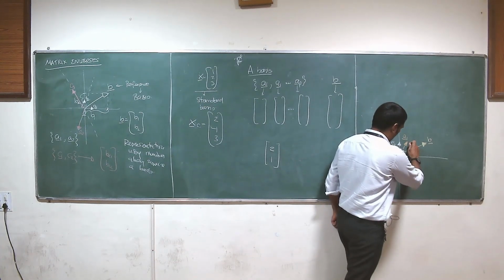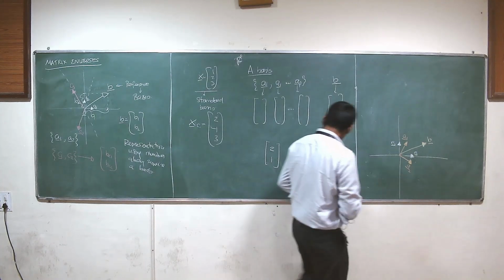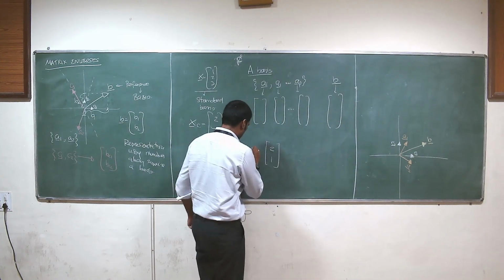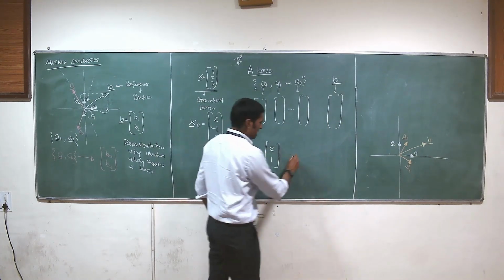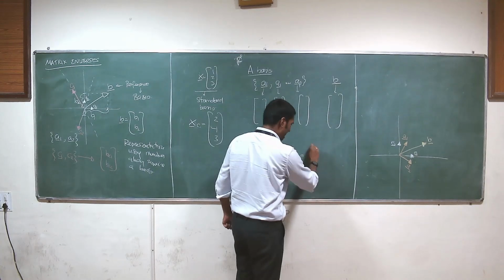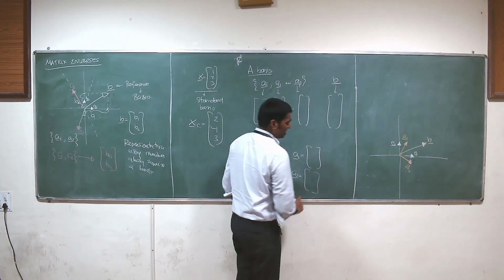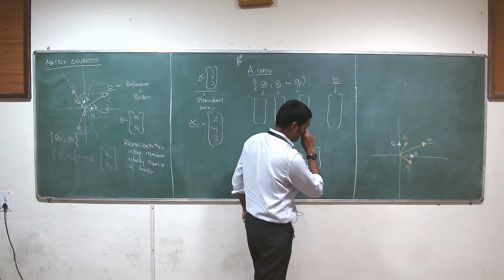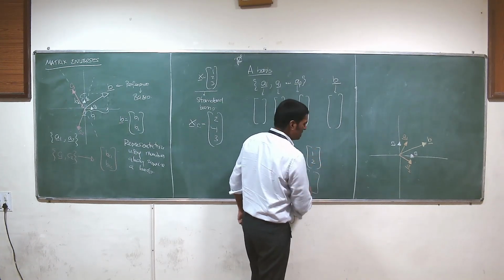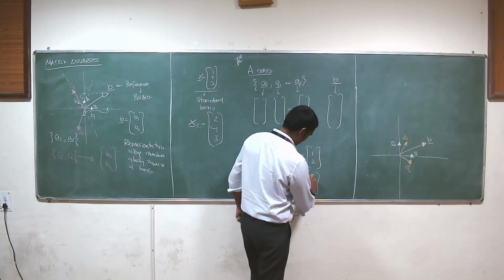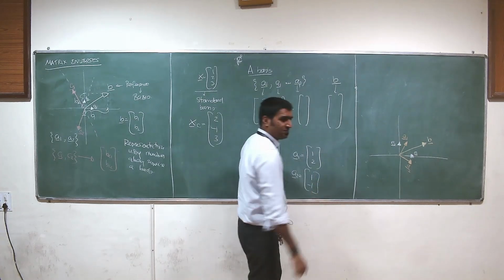Now, I have these 2. I'm going to call this P. Let's say I have these 2 vectors and I have their representation in the standard basis. Let's say it's 1, 2, and let's say 1, minus 1.